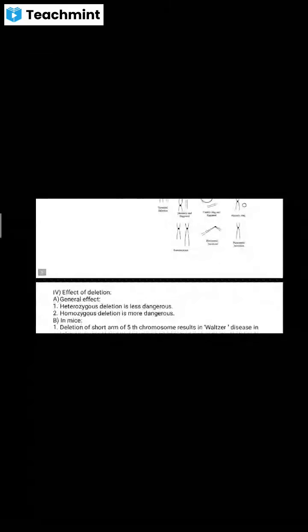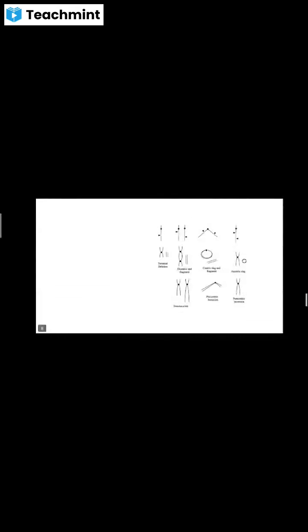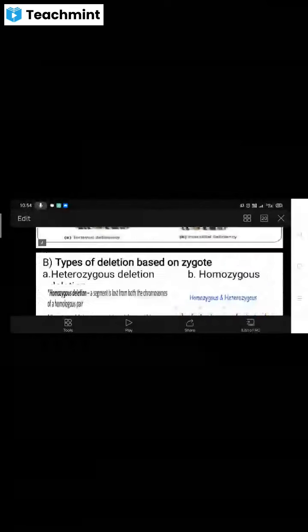So here are some types and some regions, the cytological basis for the deletion. The effects of the deletions we can discuss in next lectures. For today, you only have to focus on the types of the deletions.